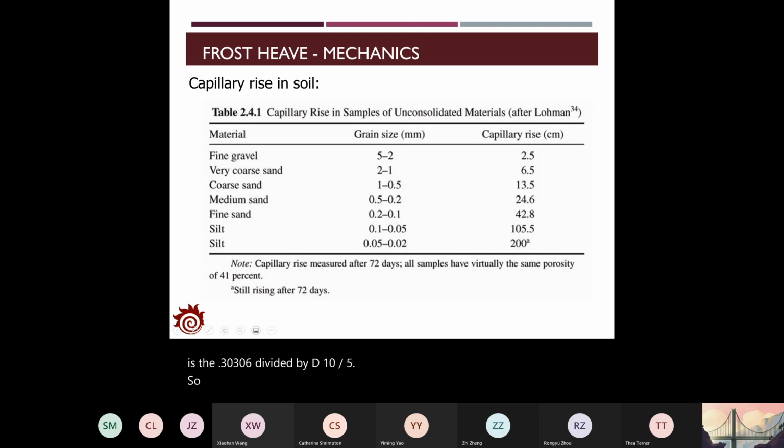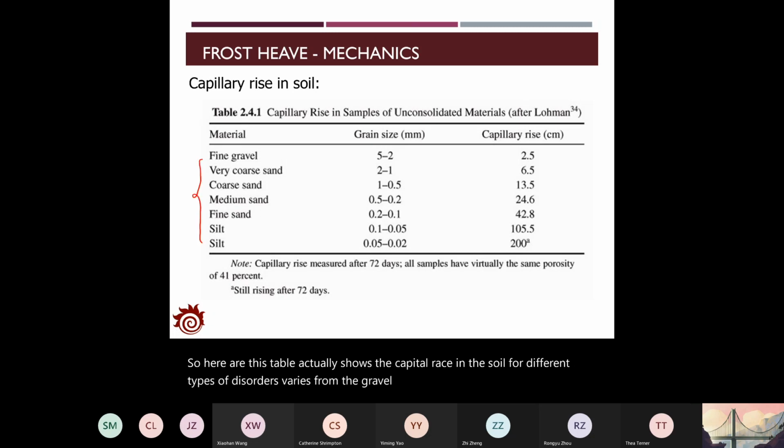So here this table shows the capillary rates in the soil for different types of soils, varying from gravel to silt. Actually, it's highly related to the grain size. If the grain size is for fine gravel, between 2 to 5 millimeters, then the capillary rise is only 2.5 centimeters.